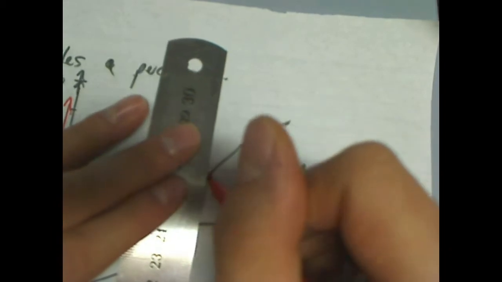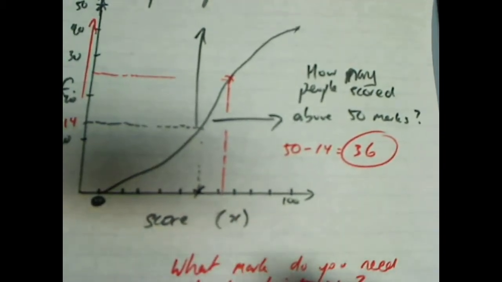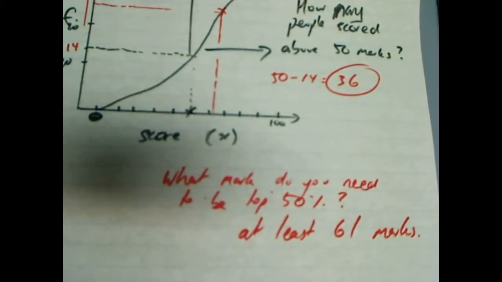Now 50% is going to be top 25, so we go from 25 on the side. We'll mark it there, and then we go down. So it looks like you need at least 61 marks to be in the top 50%.